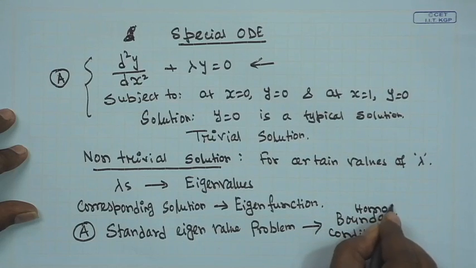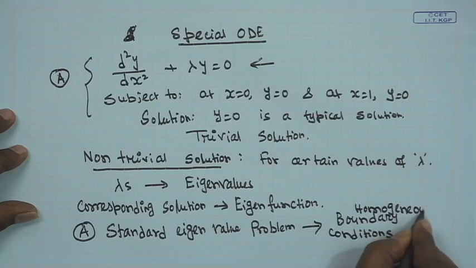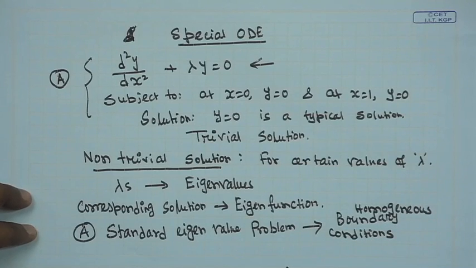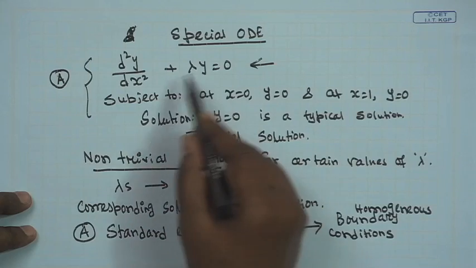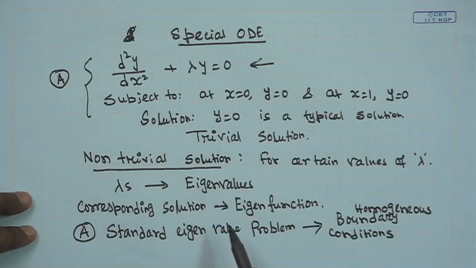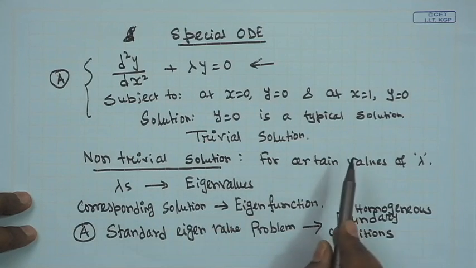So, you should have homogeneous boundary conditions. So, next what we will be doing, we will be looking into the solution of this type of equation and we will identify the eigenvalues and eigenfunctions and see how these eigenvalues and eigenfunctions change for different kinds of boundary conditions.